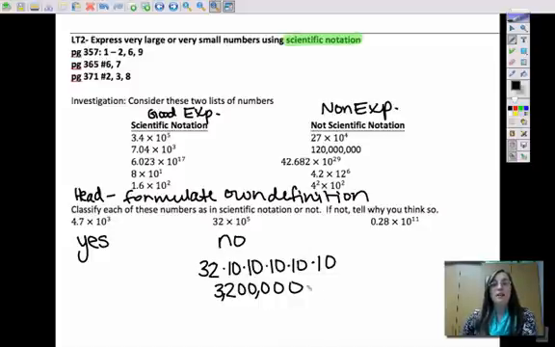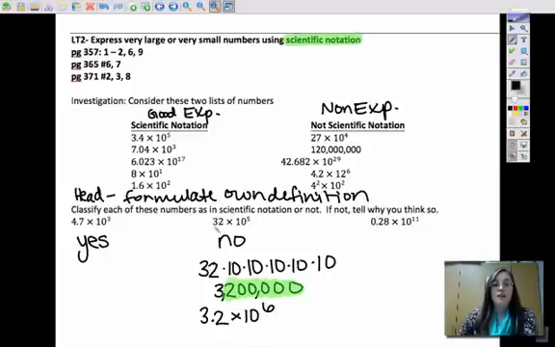So how we can write this in scientific notation is, instead of using 32, we would place the decimal between the 3 and the 2, because that gives us 3.2. Then we need to figure out how many places are after that decimal, because that's how many times you're going to have to multiply by 10. There are 6 places after the decimal, so I'm going to multiply by 10 to the 6th power.